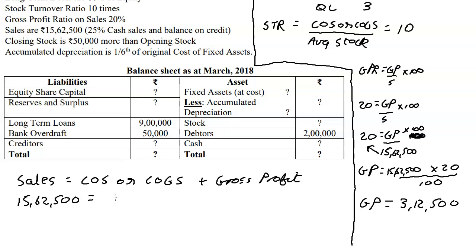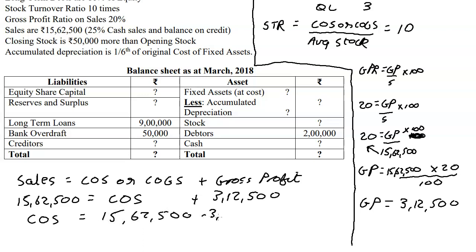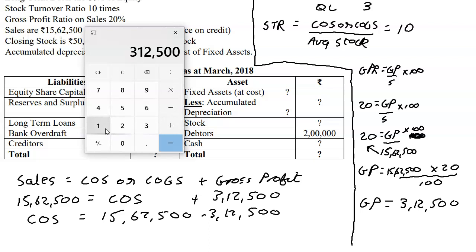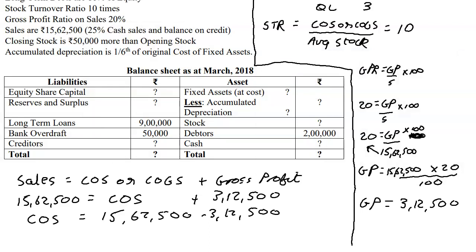Cost of sales we need to find, so we'll keep that as is, plus 3,12,500. So cost of sales is going to be 15,62,500 minus 3,12,500, which gives me 12,50,000. And that 12,50,000 is what I can now use here.